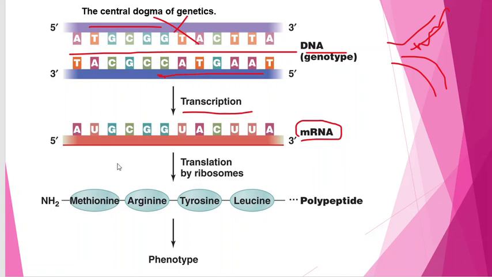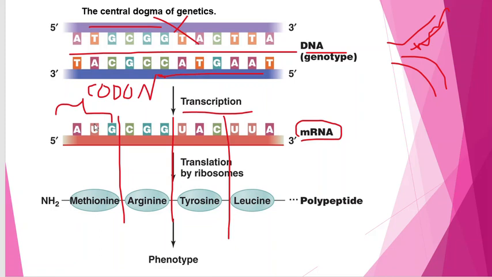And in the ribosomes, we're going to read these guys 3 at a time. That is called a codon, C-O-D-O-N. If you think of the DNA or the RNA as an alphabet with 4 letters, right?